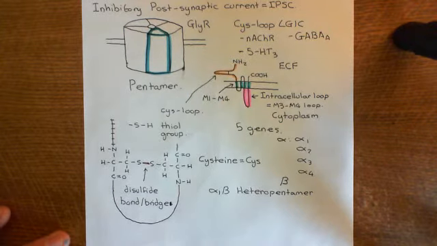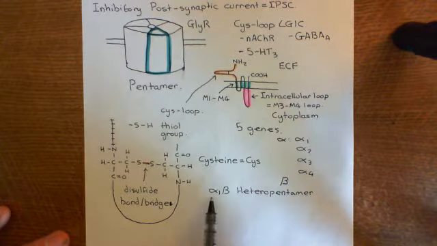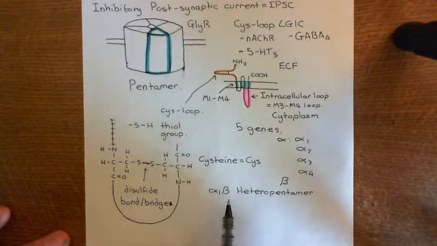Now, I would love to be able to tell you the exact structure of this alpha 1 beta heteropentamer, but it's not clear basically. We're not totally clear on the stoichiometry of the receptor subunits, and it may well be that glycine receptors do not have a fixed stoichiometry, that different stoichiometries are used. Indeed, that does seem to be what's emerging.